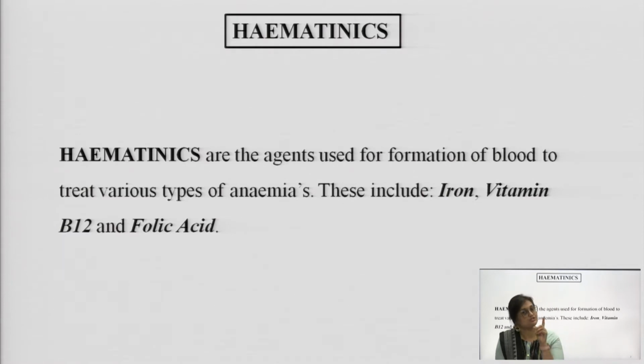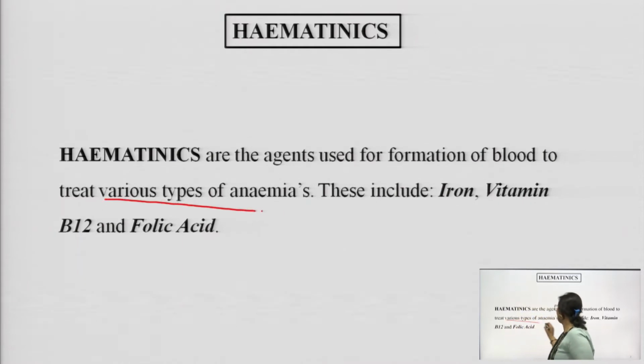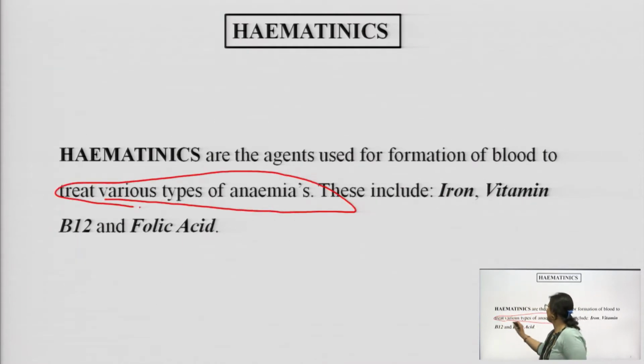Hematinics, heme meaning blood, are used for formation of blood in order to treat various types of anemias. A few examples of hematinics are iron, vitamin B12 and folic acid.